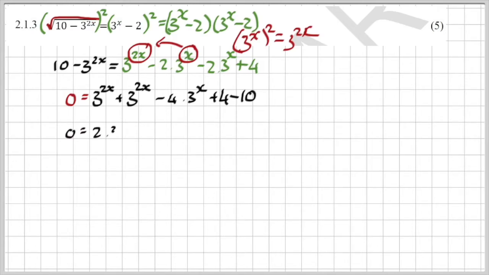This means my simplified expression on the right-hand side is now 2 times by 3 to the 2x minus 4 times 3 to the x minus 6. And my exponent is twice. The 2x is twice x. So let's first divide by 2 to make our factorization easier.